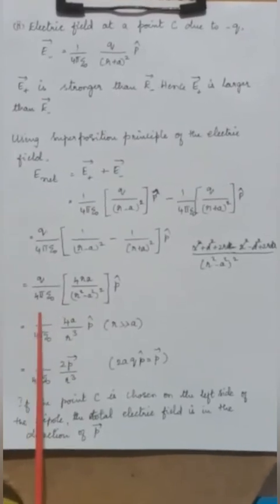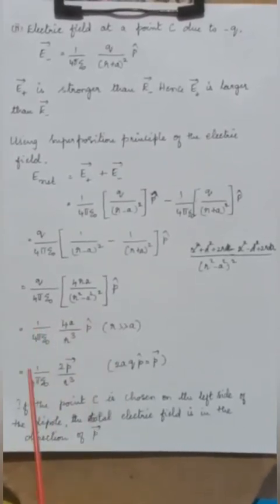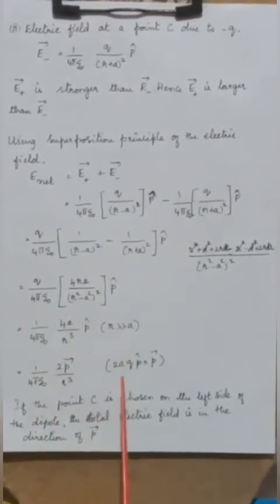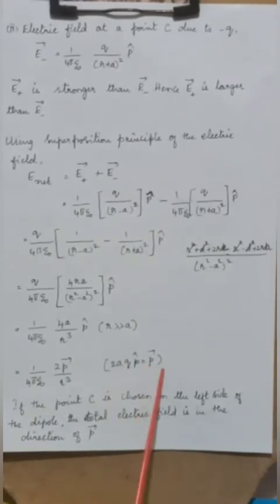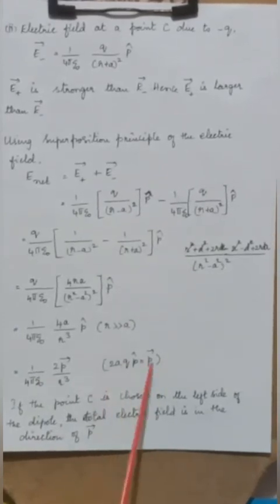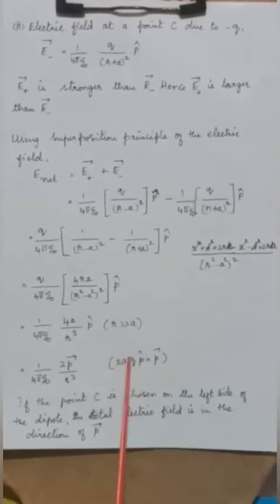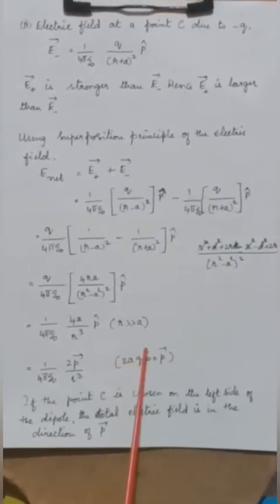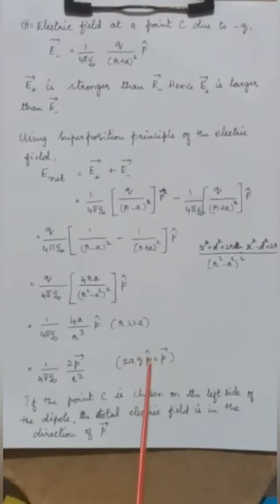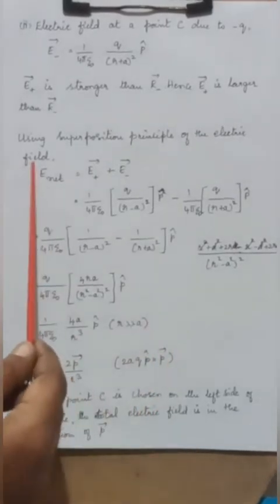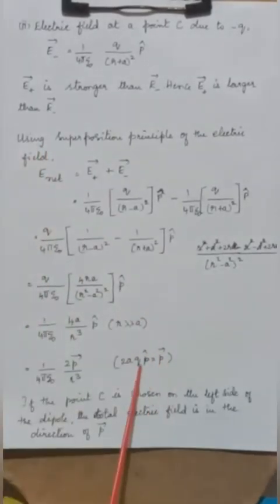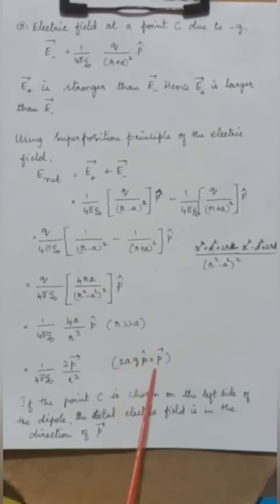So q is there, q by 4 pi epsilon naught. Now we know that the dipole moment p vector is equal to 2aq into the null vector, children. That was just to make it into a vector, and the null vector was multiplied. So this is what p is.